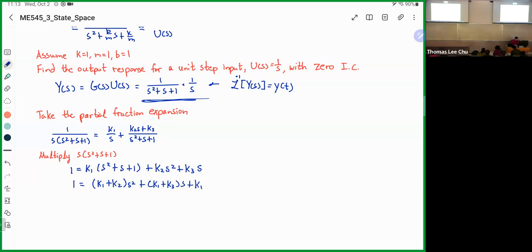And then we can just basically solve for k1, k2, and k3. We can see that k1 is equal to 1 here. And then we can also solve for k2 and k3, and they so happen to be equal to -1.